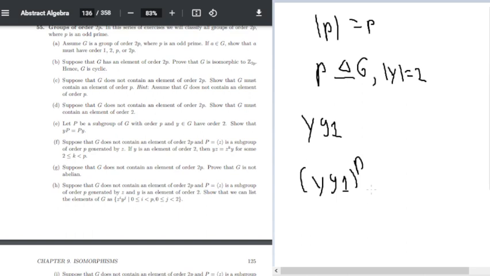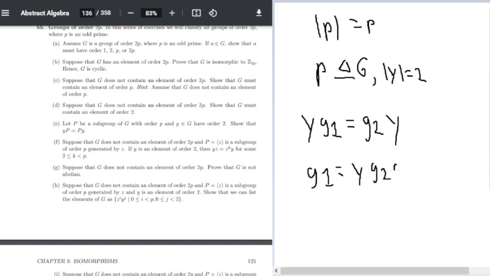Actually, no, we don't necessarily have that. So we want to show that for y g1, there's some element g2 in P such that y g1 is equal to g2 y. This can be done by showing that g1 is equal to y g2 y. Yeah, that's fundamentally how it's going to be done.